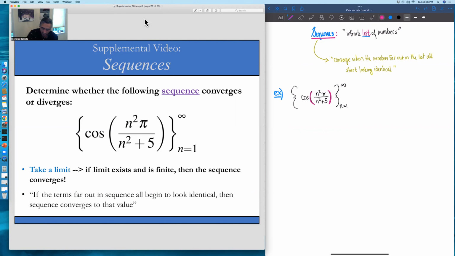So when we think about taking the limit here, asking ourselves, what do the terms really far out in the sequence look like? Well, inside of that cosine is where all the n's are changing. So this limit really only affects what's inside of that cosine function for us. So when we think about taking this limit, we only really have to worry about what's inside of this cosine.